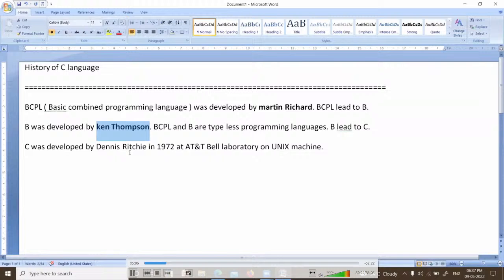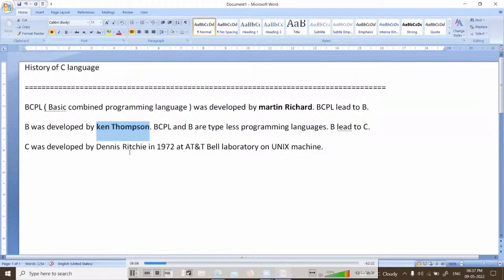Now, why do we have to write this main method? There are so many statements in the program. Which line should the compiler start at? The compiler always starts the execution from the main method. So it is a compulsory method.